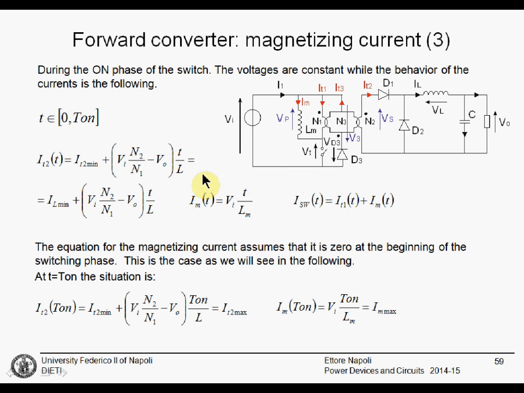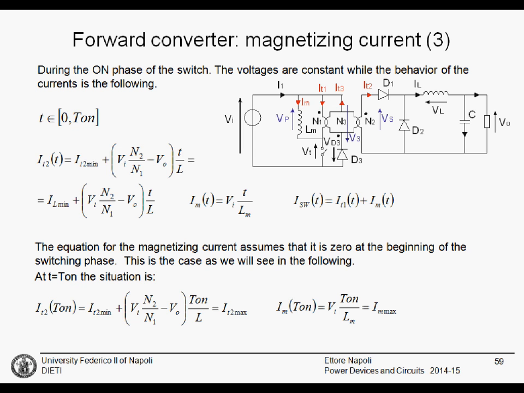In this equation there is a trick, because we are assuming that at the beginning of the switching phase the magnetizing current is 0. That is, the transformer is completely reset. There is no current, no energy stored in the magnetizing inductance.